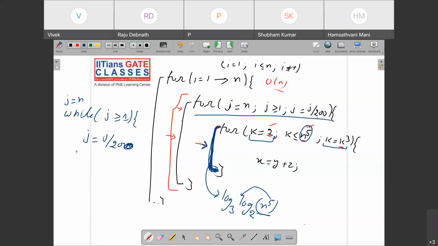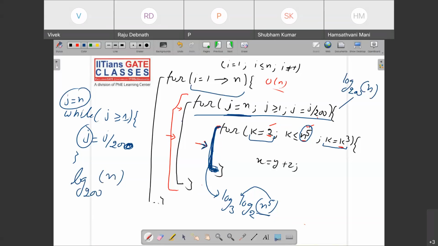I hope you have seen a similar thing with n equal to n by 3, right? We have seen the similar derivation. There the time complexity was log base 3 n. Here j is equal to n initially, so it's log base 200 n. So only for this loop, it's log base 200 n.